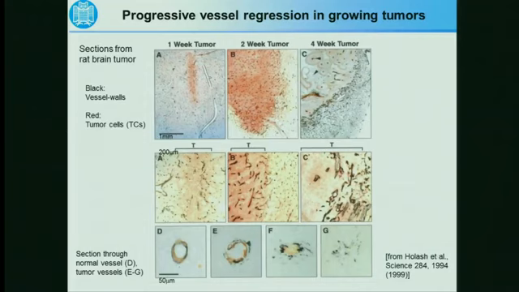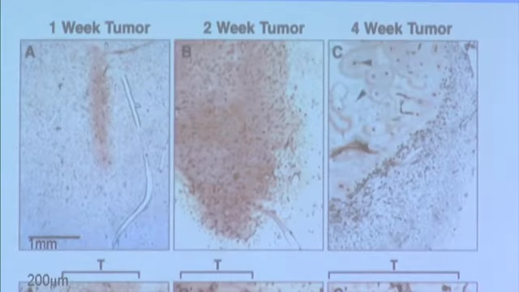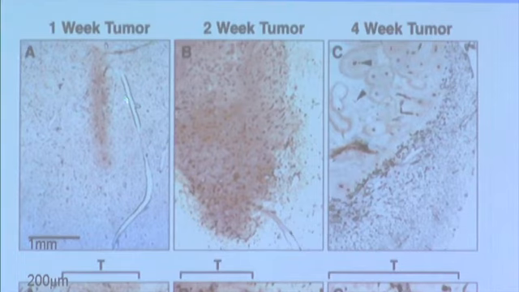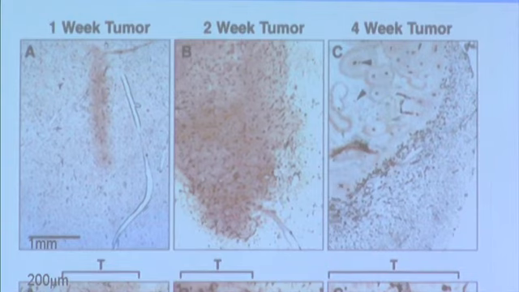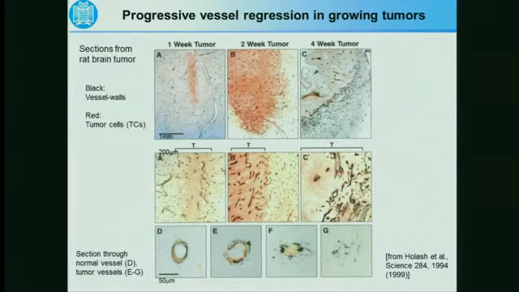Tumor cells give this reddish color, and black is endothelial cells, which line the lumen of vessels. So you see that the tumor grows within a well-vascularized tissue. Of course, this has to be this glioma. They grow in brain, and brain is the best vascularized tissue in the body.